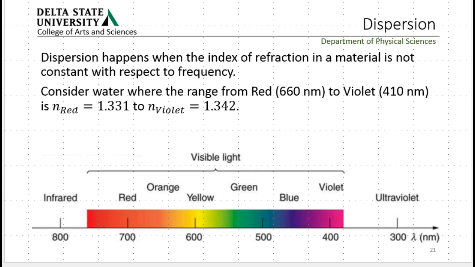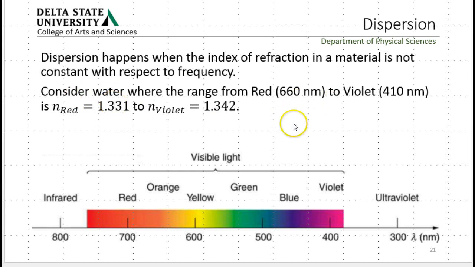Since the index of refraction is the ratio between the speed of light in vacuum and the speed of light in the material, this means that violet moves slower in water than red, right?